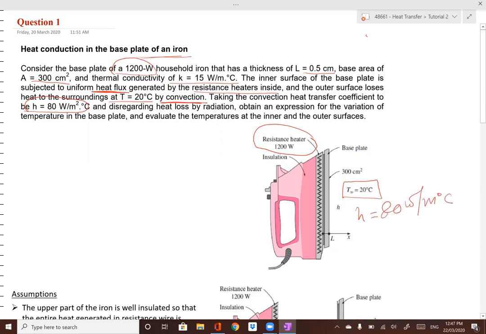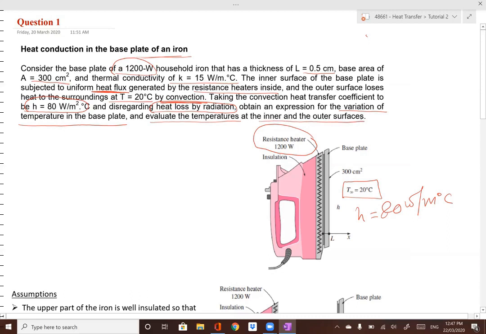We can ignore the heat loss by radiation. So heat transfer through the plate is conduction, and from the plate to the surrounding it is convection. Now find the expression for the variation of temperature in the base plate, and also evaluate the temperature at the inner surface and the outer surface of the base plate.